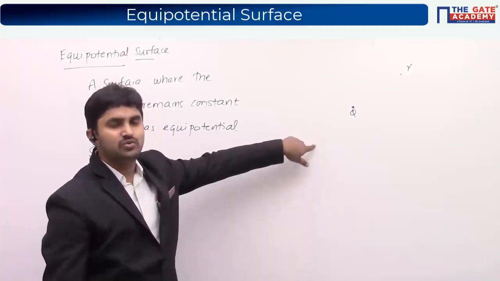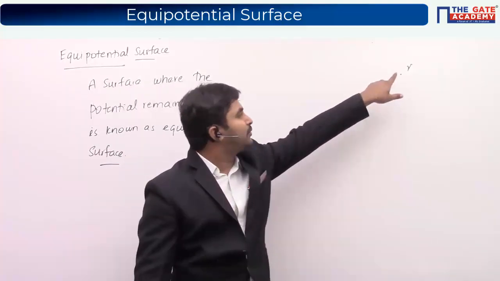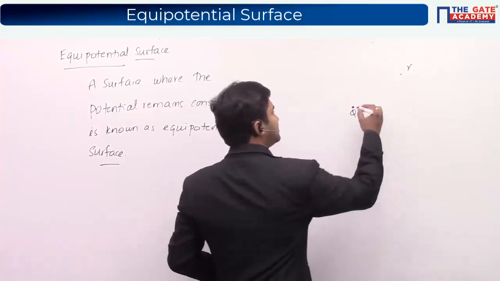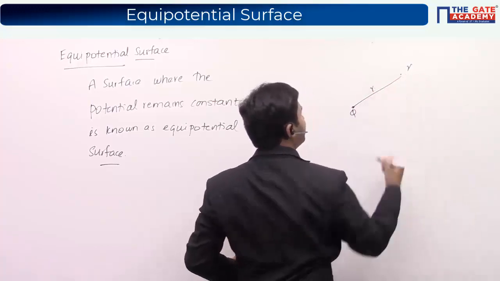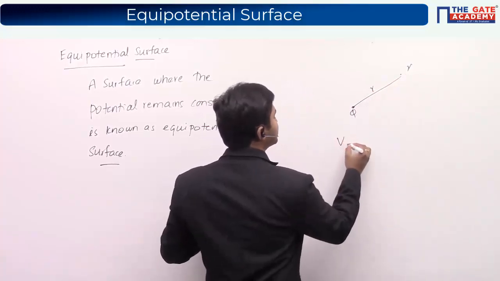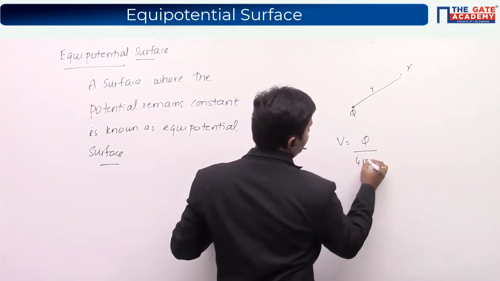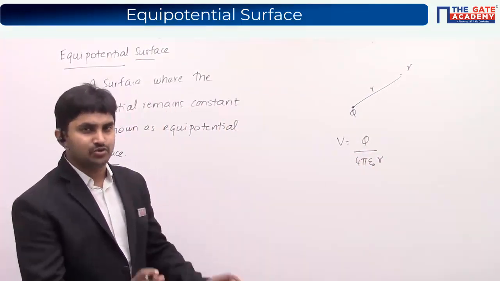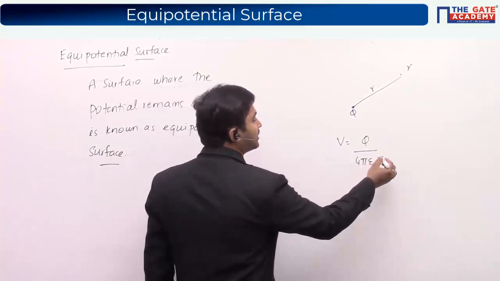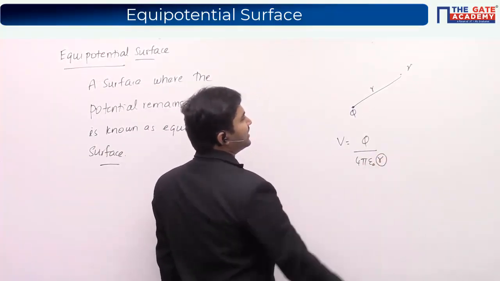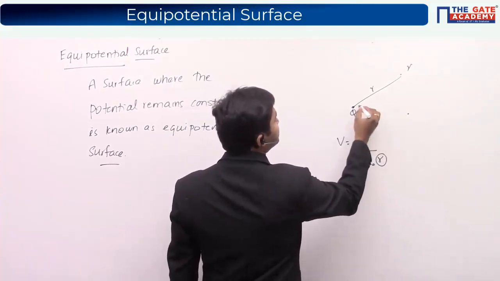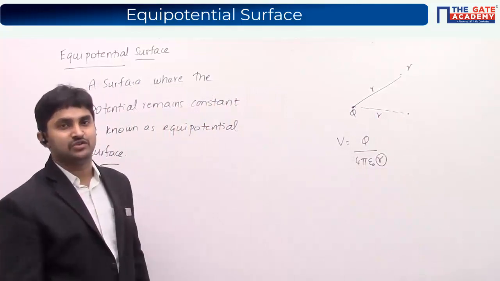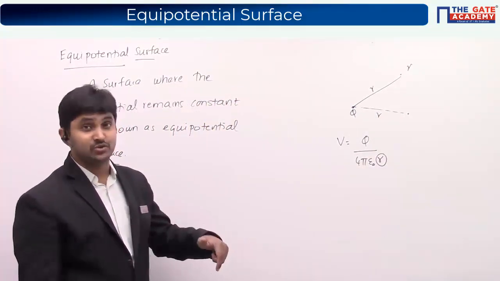The potential is given by a very simple formula, Q divided by 4 pi epsilon naught r. It means that if r remains constant, if I take another point at the same distance r, the potential is going to remain constant.